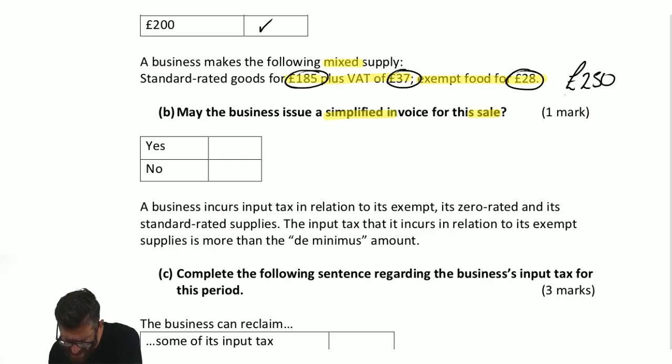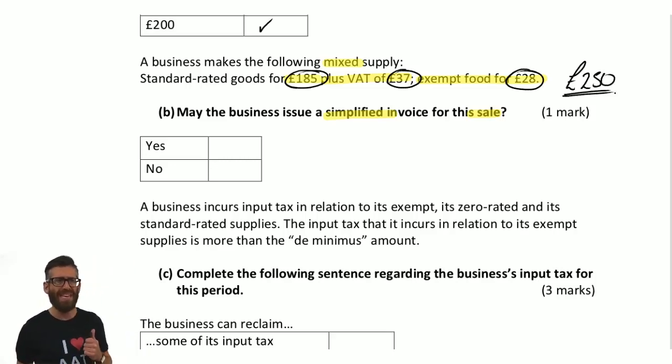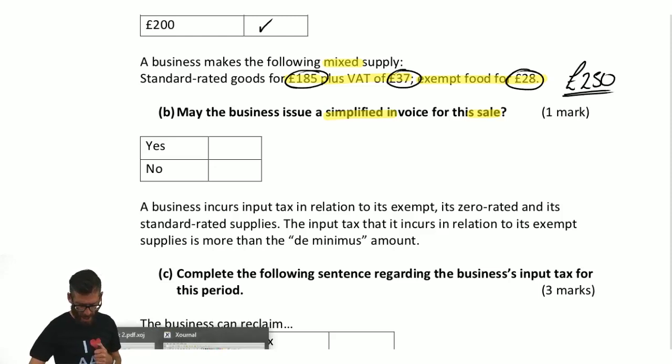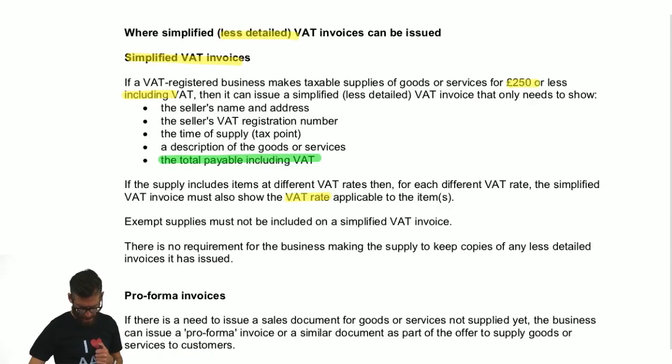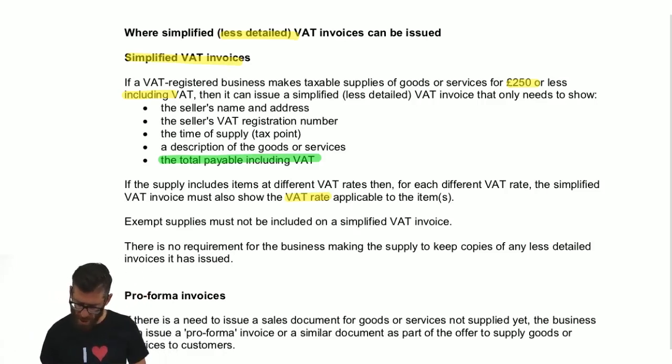I vaguely recall something about 250 in the reading that I just did. So let me go back and change this. A VAT registered business can make taxable supplies of goods or services for £250 or less.